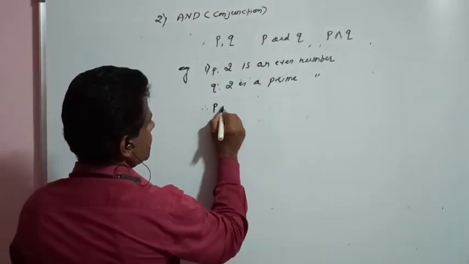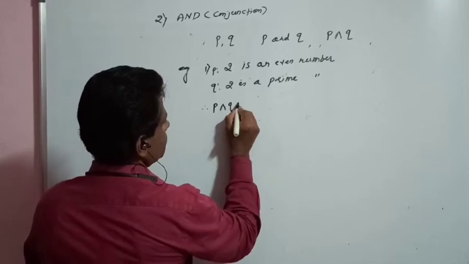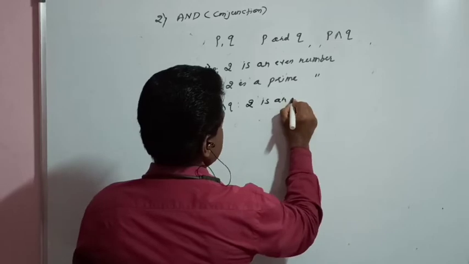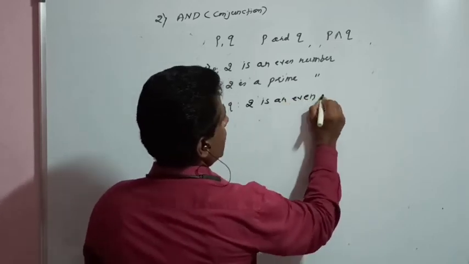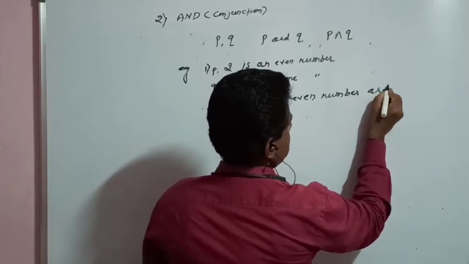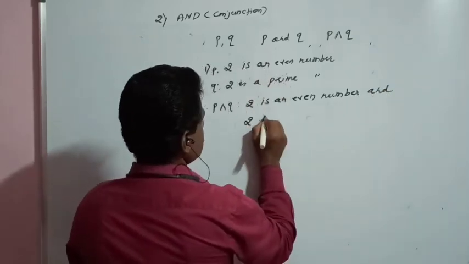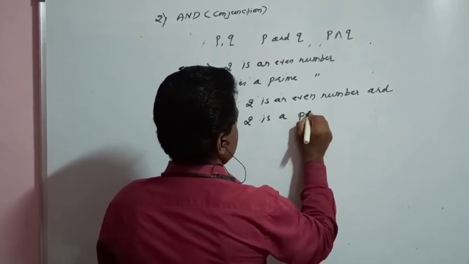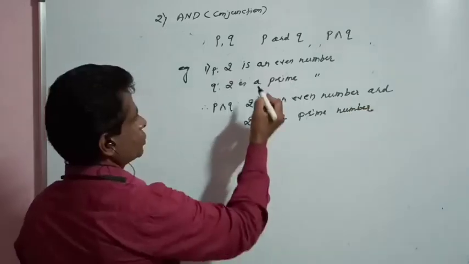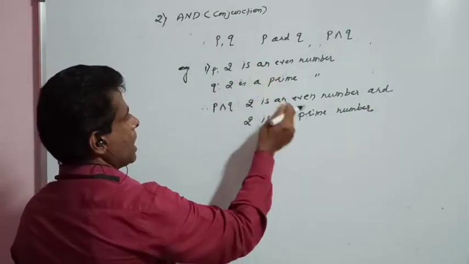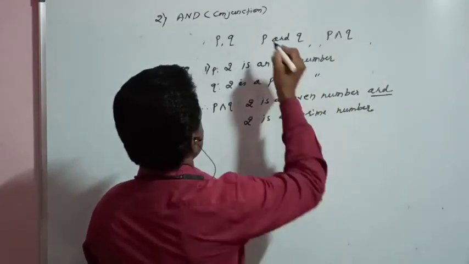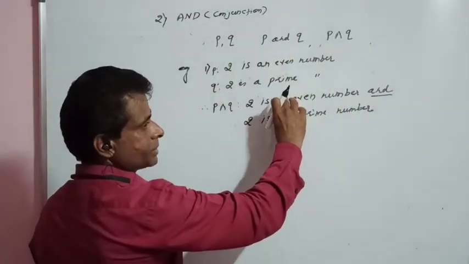Therefore, P conjunction Q is given by 2 is an even number and 2 is a prime number. The two statements P and Q are combined together by using the connective AND. So this is the compound statement.